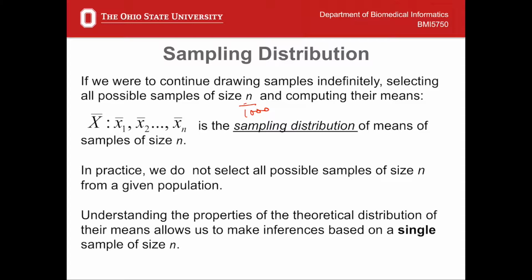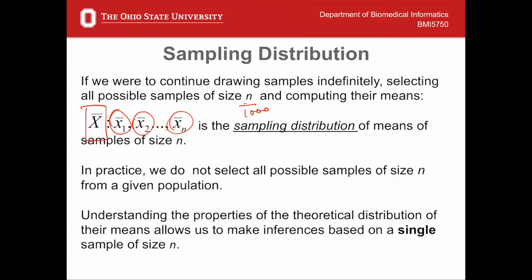For sample 1, the mean age is x1 bar, for sample 2, the mean age is x2 bar, and for sample n, the mean age is xn bar. We calculate means for each of the samples. Then we get the sampling distribution of all the means, that's x bar. X bar is the sampling distribution of means of all samples of size n.